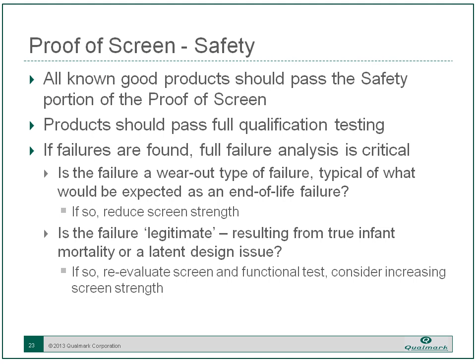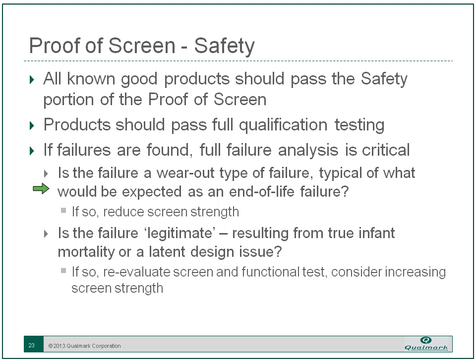So, as I said, all known good products should pass the safety portion of the proof of screen. And then they should be able to pass a full qualification test, where it's more than just the functional test that you do at the end of the production line. Now, you really have to do that failure analysis. I always joke that the important stuff I say 3 times, so failure analysis, I think this is the 3rd time for it. See if it's a wear-out type of failure.